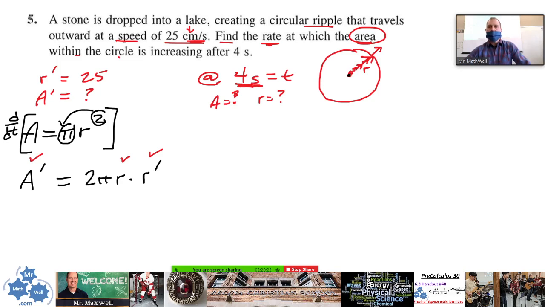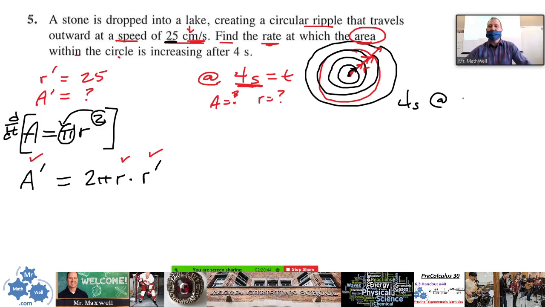At 1 second, the radius is 25. What's the radius at 2 seconds? 50. 3 seconds? And finally, at 4 seconds, the radius is 100 centimeters.